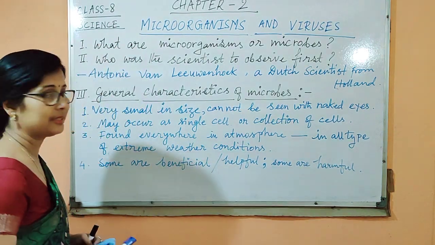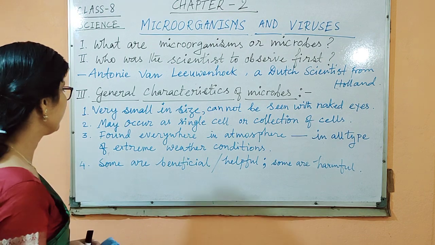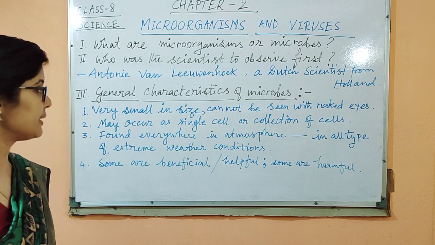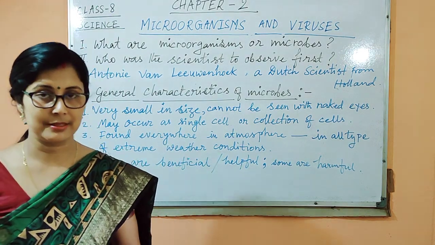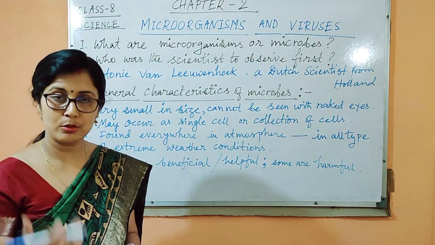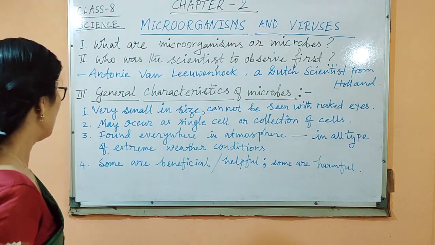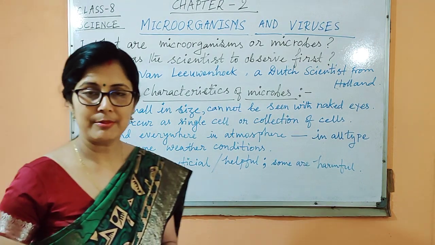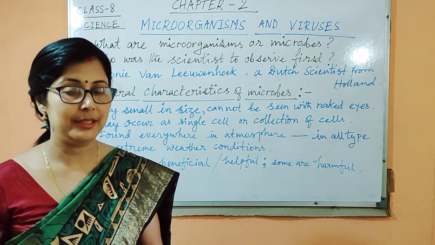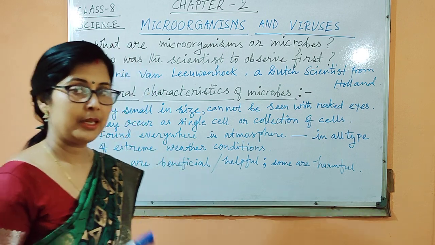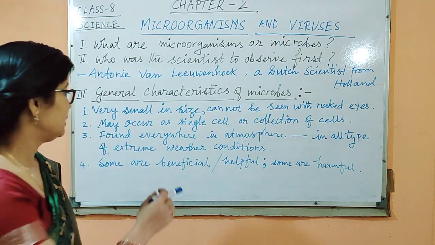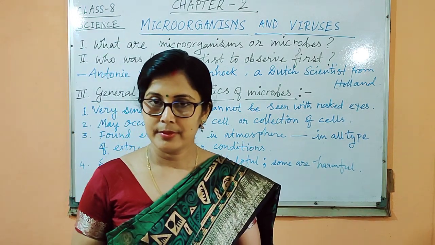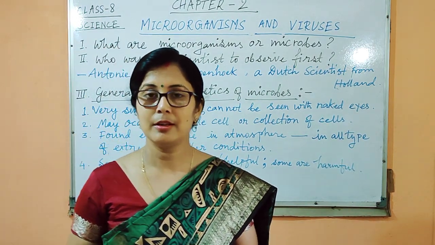So now let us see what the general characteristics of microorganisms are. First and foremost, they are very small in size and cannot be seen with our naked eyes, so we need a microscope to observe them. Point number 2: microorganisms, you know some examples like bacteria, algae, fungi, right? They may remain singly, as a single cell, for example yeast, which is a type of unicellular fungus.